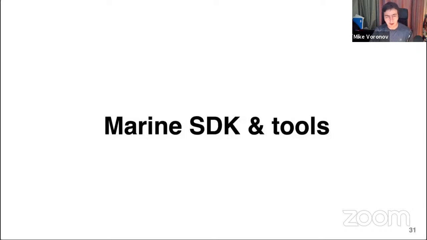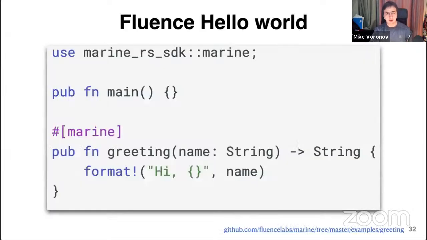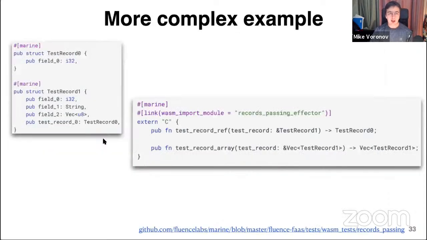Okay, let's move on to the Marine SDK tools. On the previous community call, we had a great workshop about the SDK, so I will just consider several examples. Here you can see how Fluence Hello World could be constructed. Just six lines of code with the help of the procedural macro Marine. More complex examples are also supported.